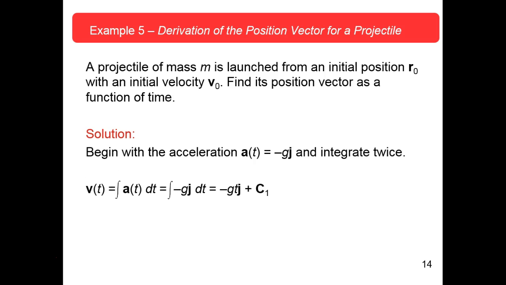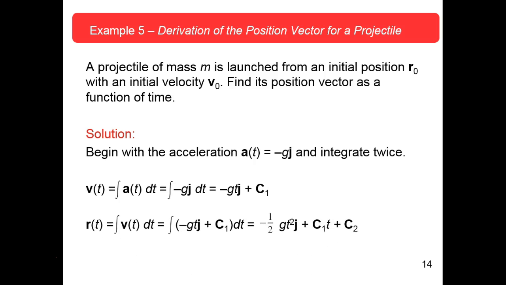They started with a of t is minus g j, which is exactly what we did. Integrate twice. The first time you get some C1, minus gt j plus C1. And then do it a second time. That's your velocity vector.